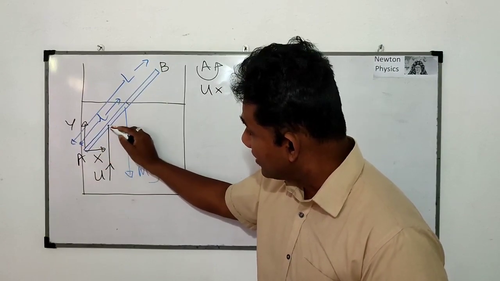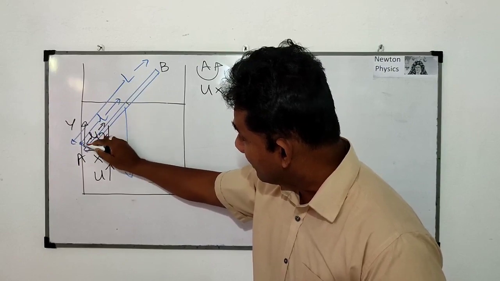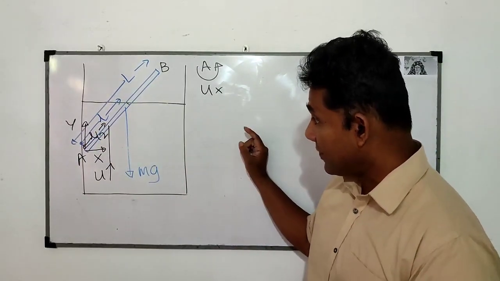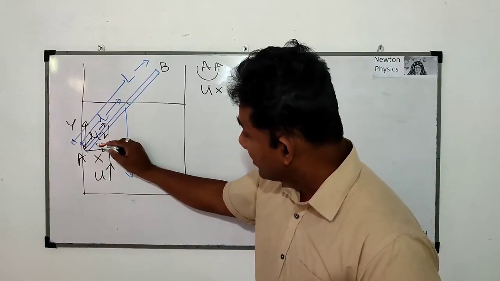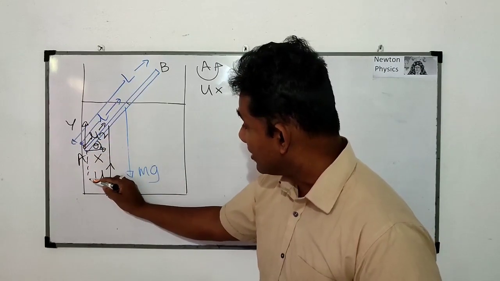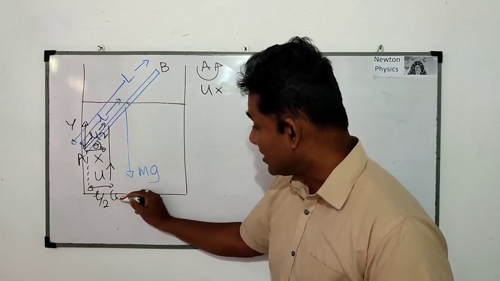This small length is L divided by 2. You have to be careful to find the distance accurately. I am taking the horizontal elevation as theta, and so this length is simply L divided by 2 cos theta.